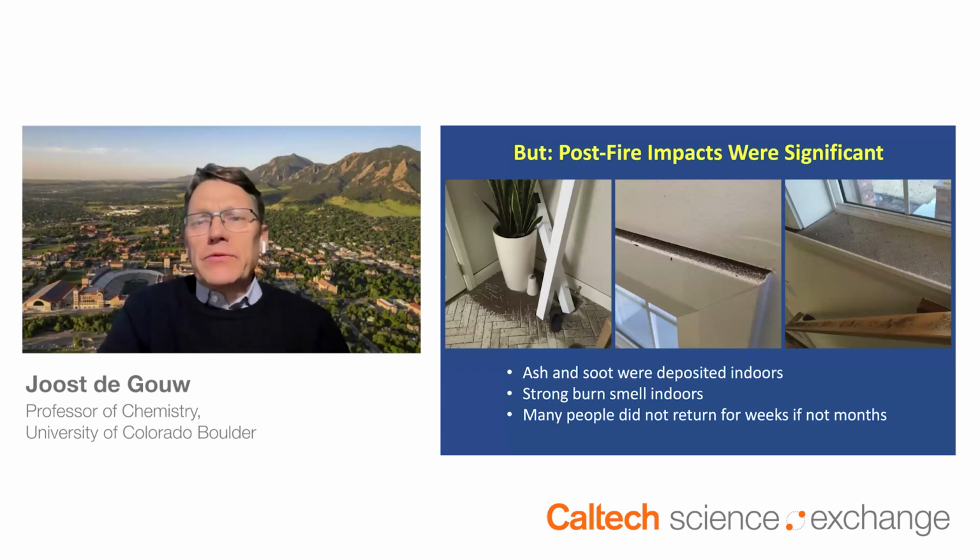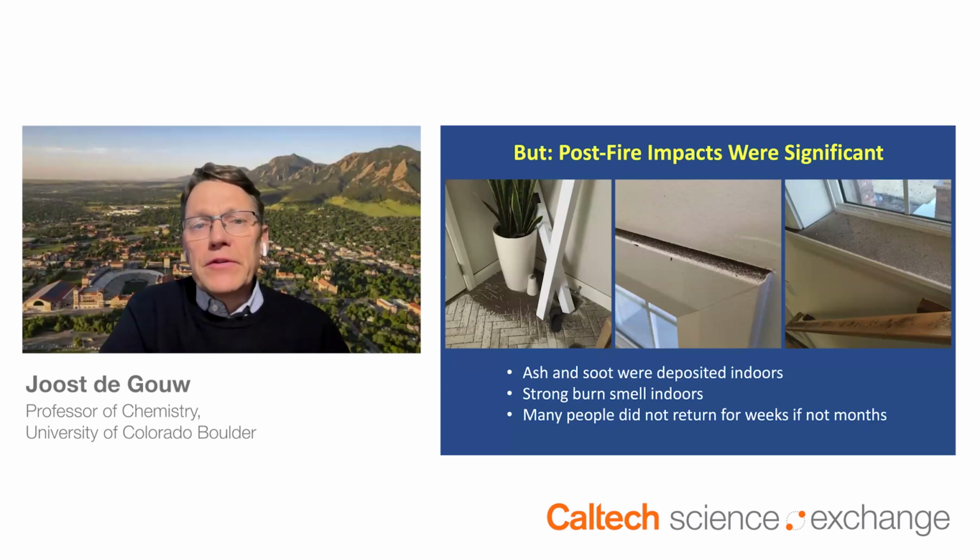But post-fire impacts were very significant. Here are some photographs that I took of a house that was right downwind from a block of homes in Superior that burned completely to the ground. This was a modern home, so good seals, and nevertheless, due to these strong winds, a lot of ash and soot got blown inside.